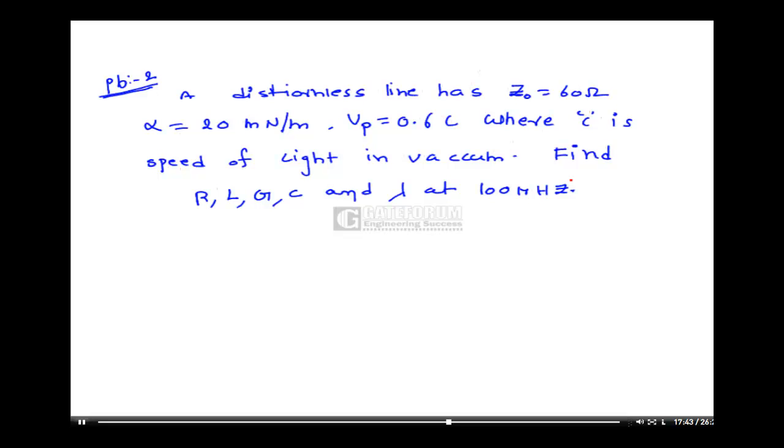A distortionless line has Z0 as 60 ohms, alpha as 20 millinepers per meter, phase velocity equal to 0.6 c, where c is the speed of light in vacuum. Find R, L, G, C and lambda at 100 megahertz. I will give some hint to solve this problem so that you can proceed.